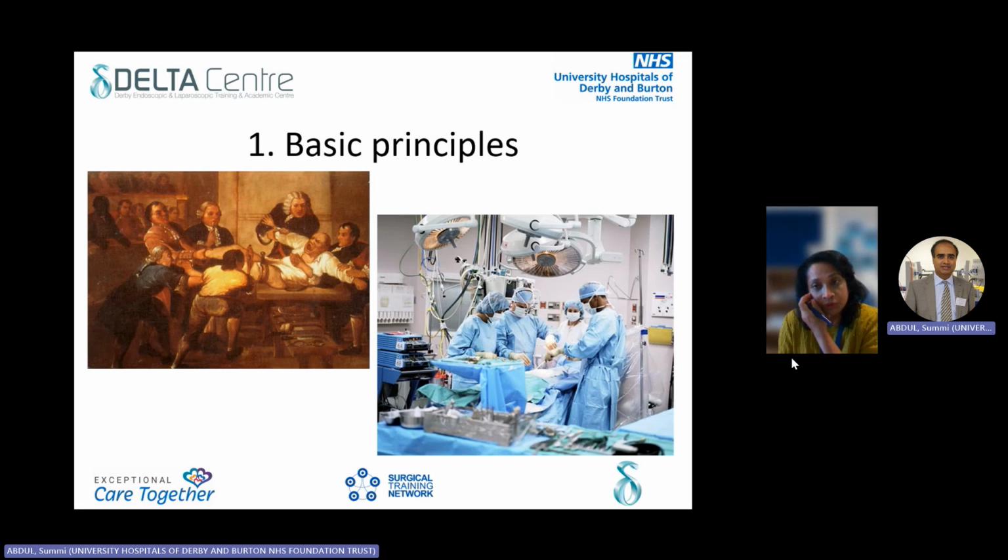When we look at this picture, we see that surgery itself hasn't changed fundamentally in its principles through the ages. You have a theatre team, you have a place to do the surgery, and you have assistants.